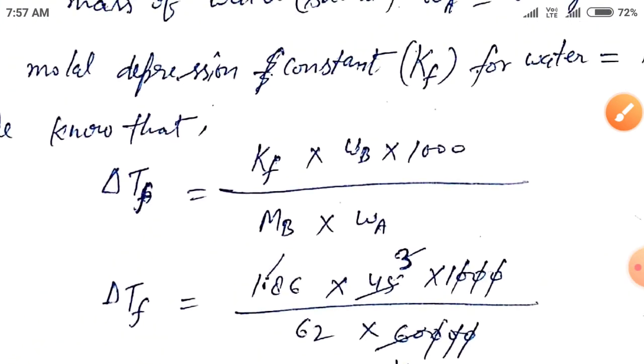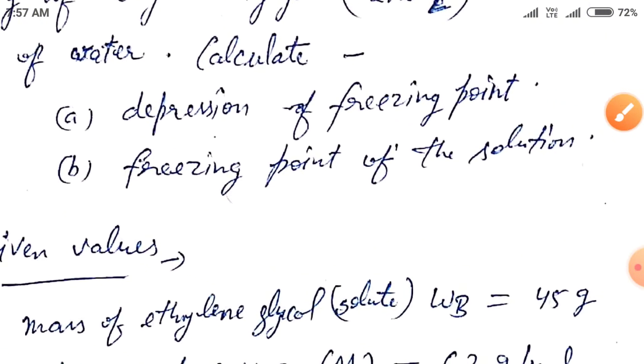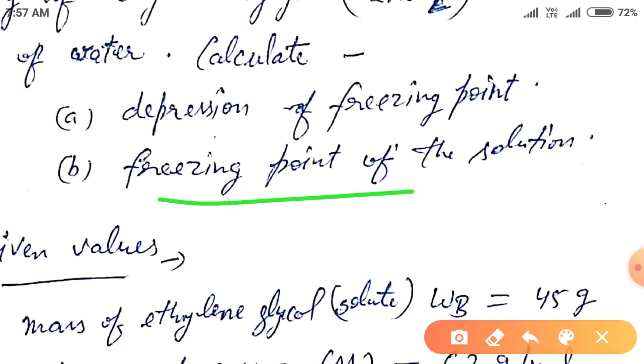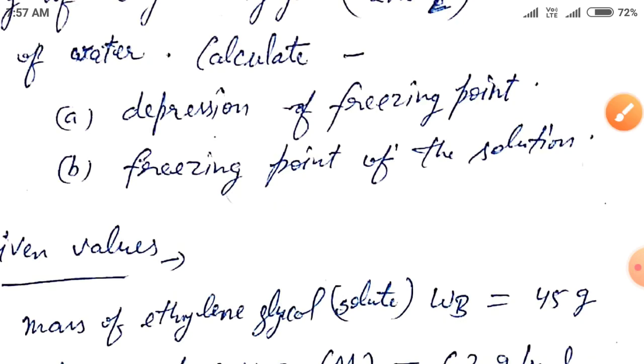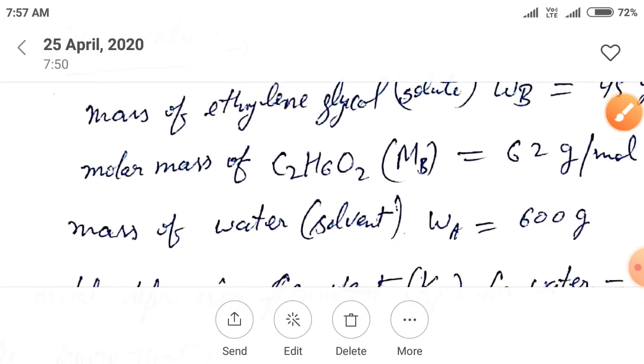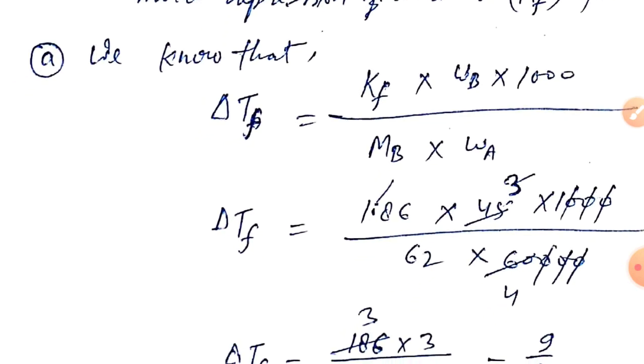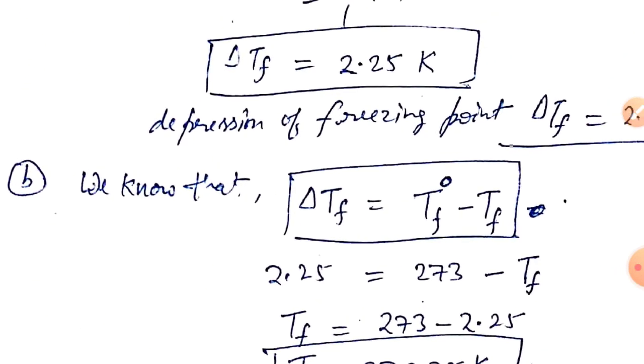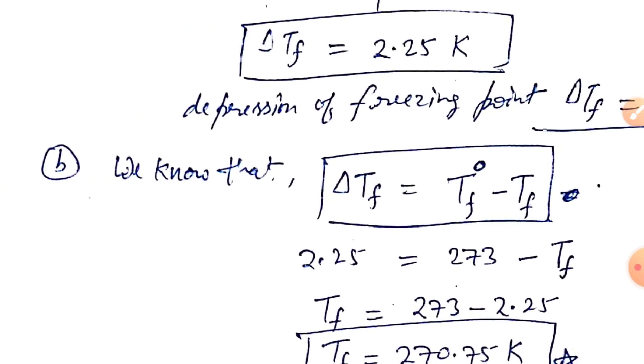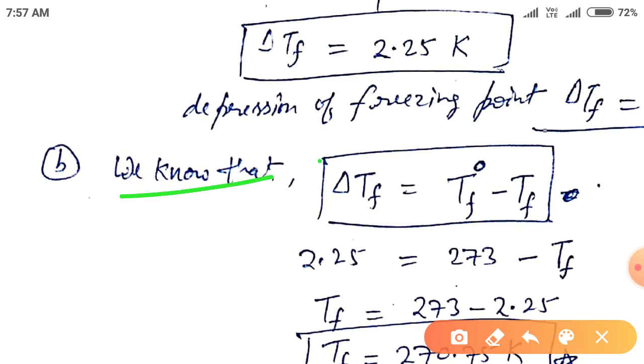Now the second part of the question, that is the freezing point of the solution, that is TF. Then how can we find this TF? We know that delta TF equals T naught F minus TF.